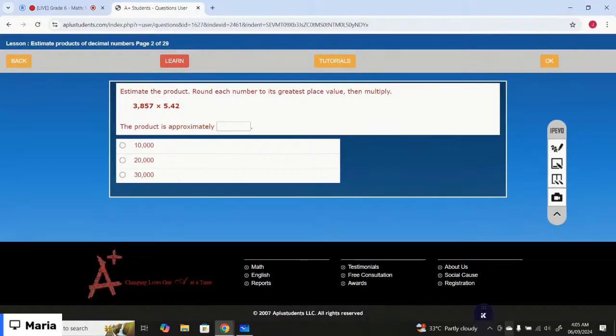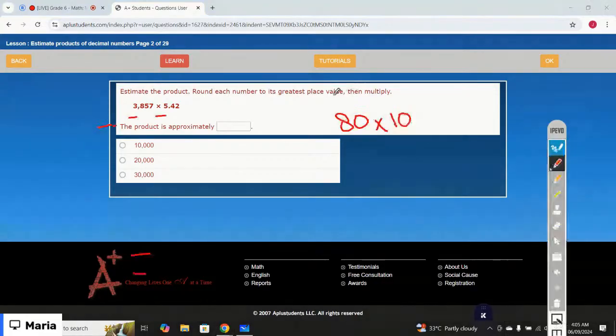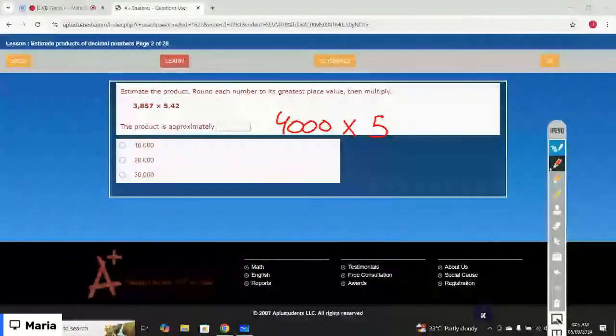Okay, so 3857 is rounded off to 4000 and 5.4 is rounded off to 5. So the correct option is 20,000. Option number 2 is the correct option, right? That is 20,000. Very good.